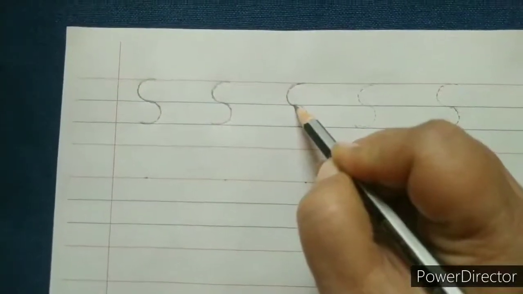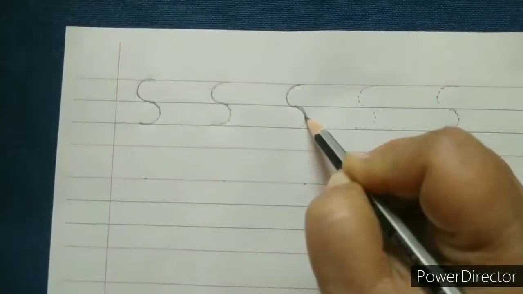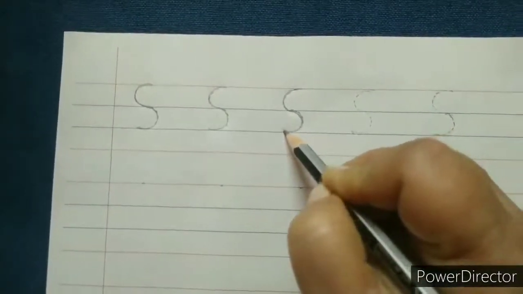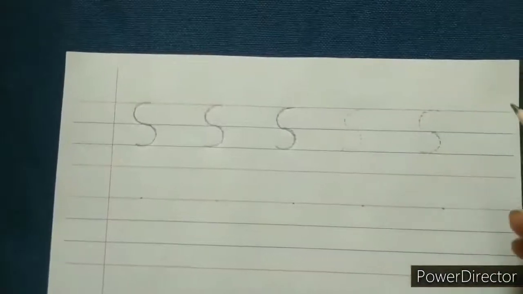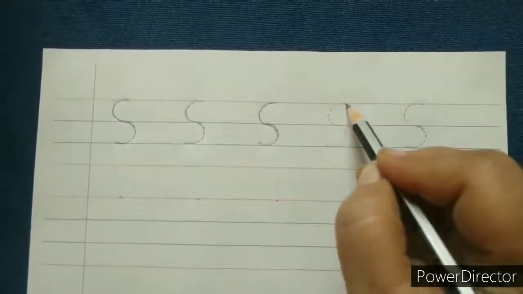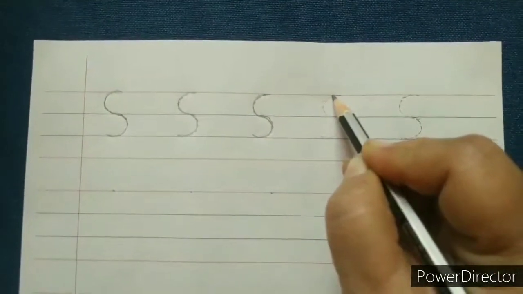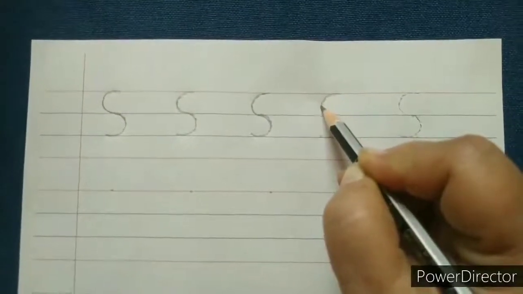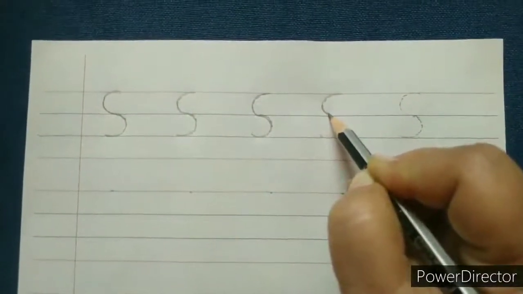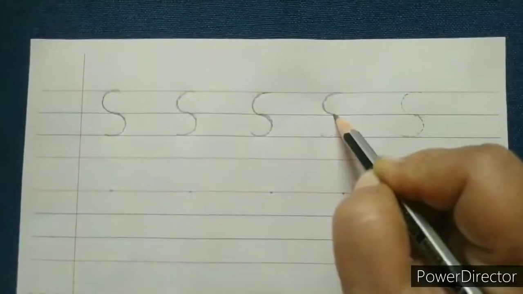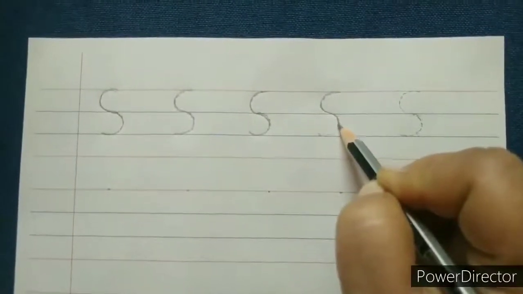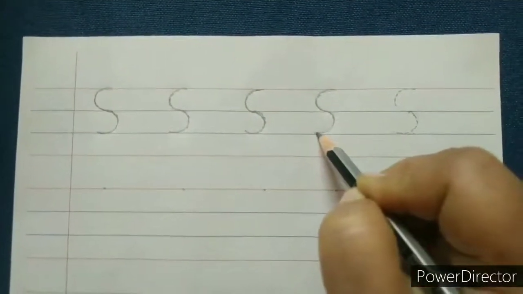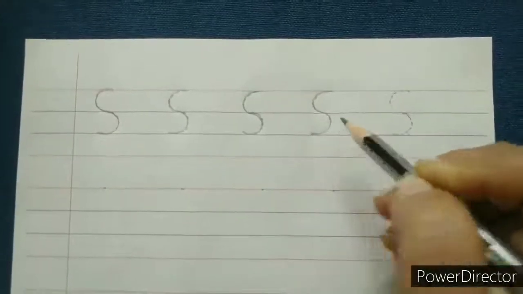Then make a reverse C curve and stop. Start from the top, then make a C curve. Do not lift your hand and make a reverse C curve till the second blue line and stop.